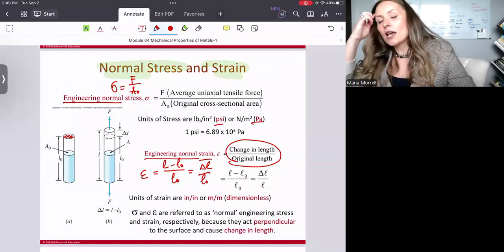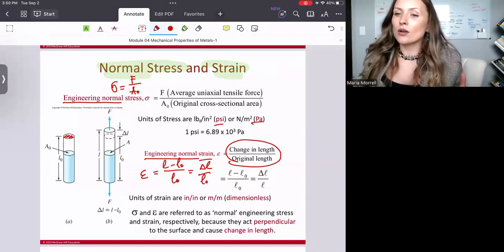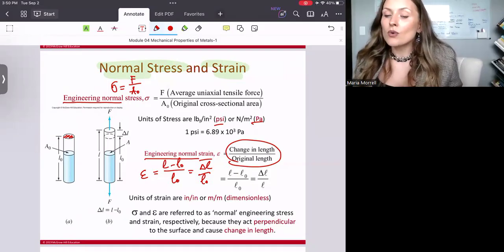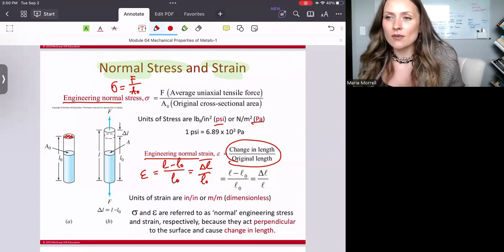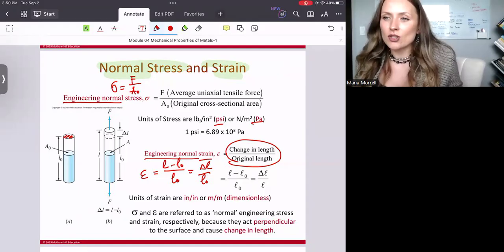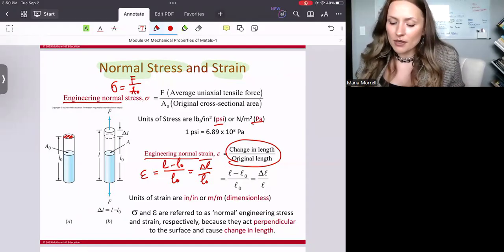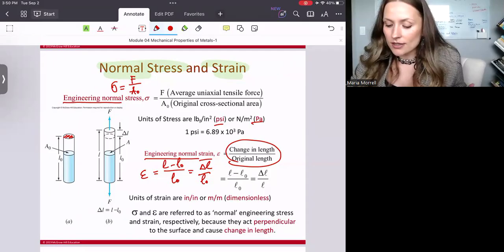or delta L divided by L naught. And sometimes if we would like to, we can either have it unitless, or you will see me occasionally saying 5% elongation, right? So sometimes I would actually go with percentage units. You'll see examples like that. But typically the units of strain are dimensionless, right?